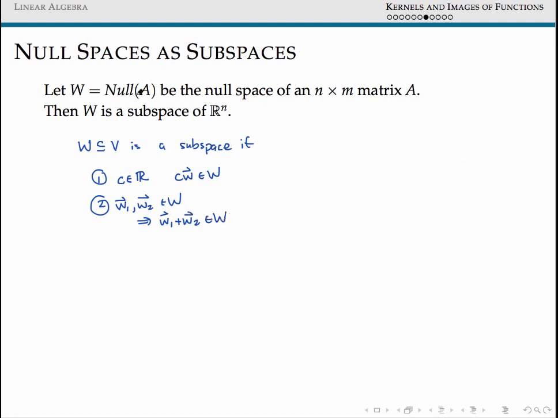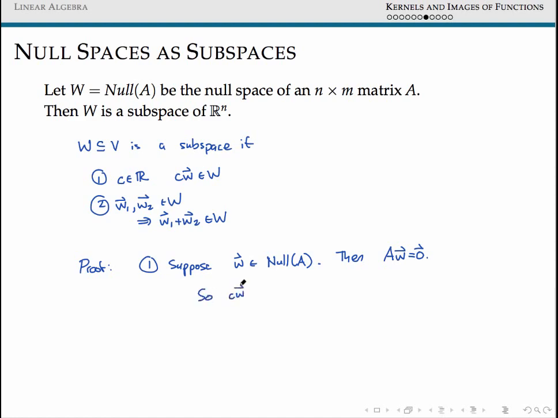So let's show that null spaces satisfy this property. For our proof, suppose for 1 that W is inside the null space of a matrix A. Then we know that A times W is equal to 0.